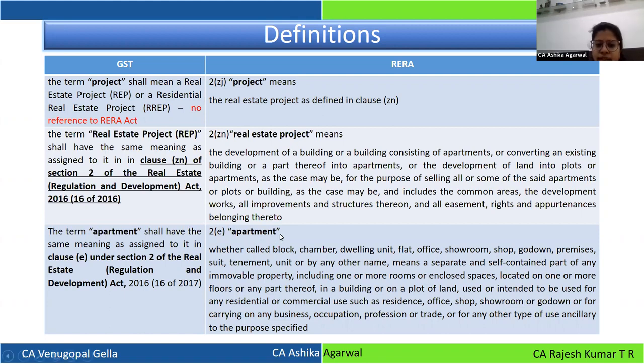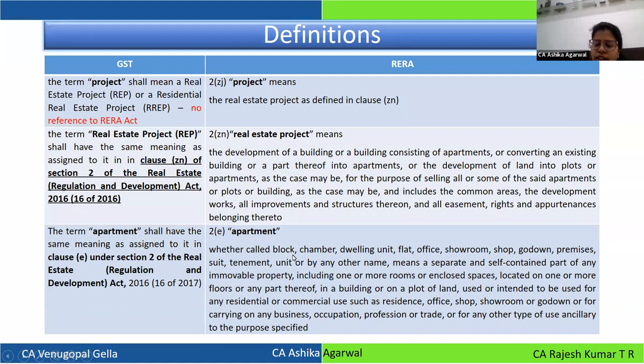Now, apartment. Apartment also, they have borrowed the definition from RERA, which includes commercial also and non-commercial also. The apartment definition is very wide under RERA.